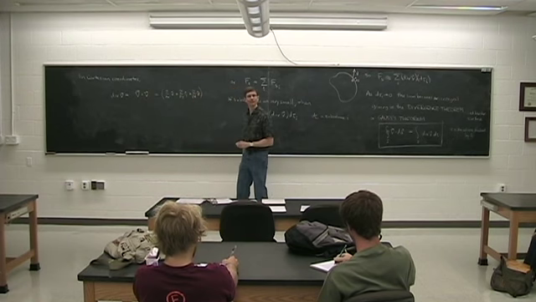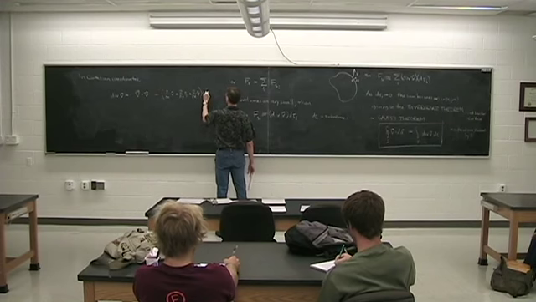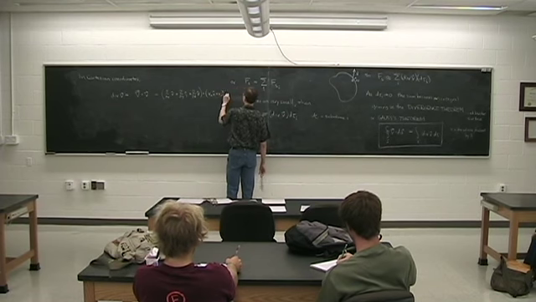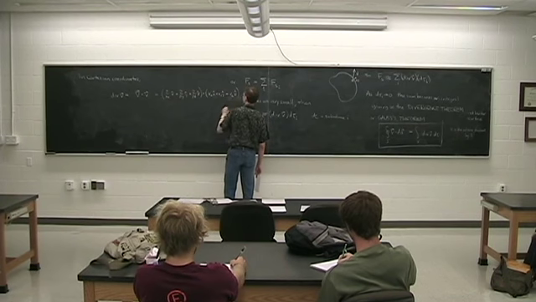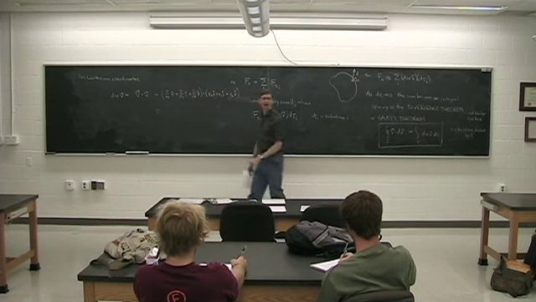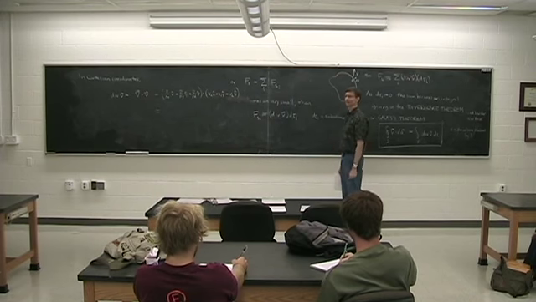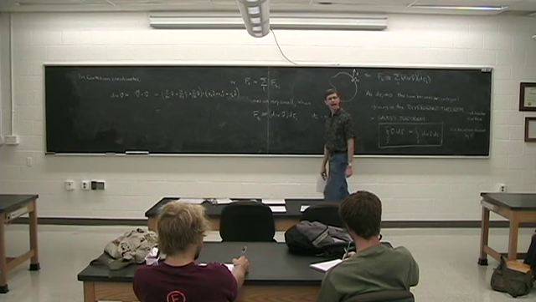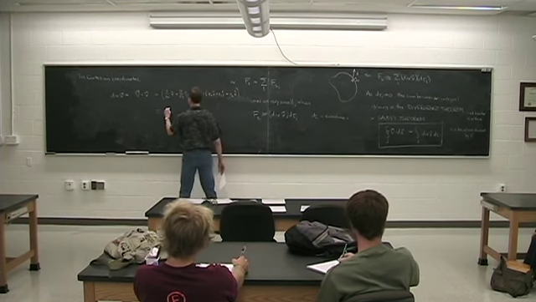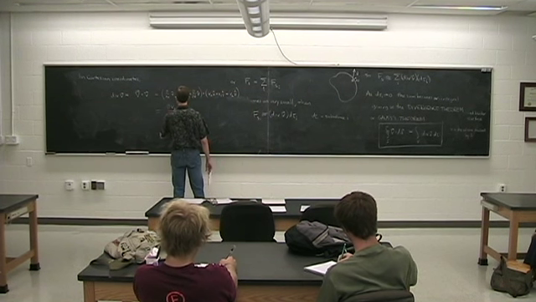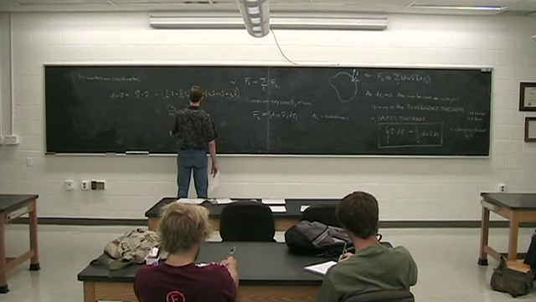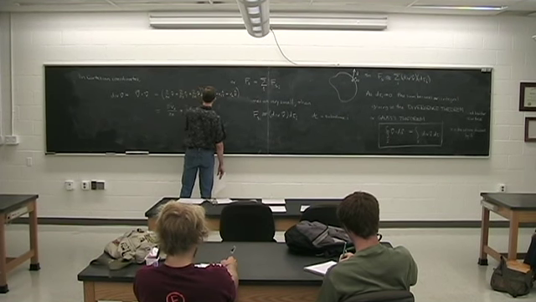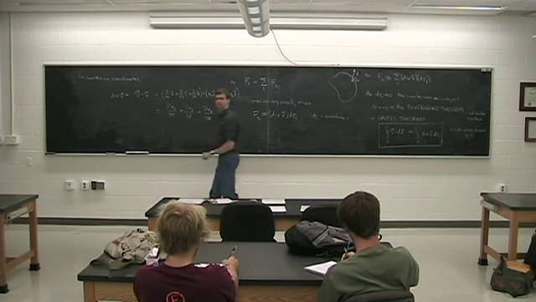Del cross V is curl V. Dotted into v sub x x hat plus v sub y y hat plus v sub z z hat. Well, what do I get if I do that dot product? Yeah, you're just adding up the partials. Yep. You just get dvx/dx plus dvy/dy plus dvz/dz.